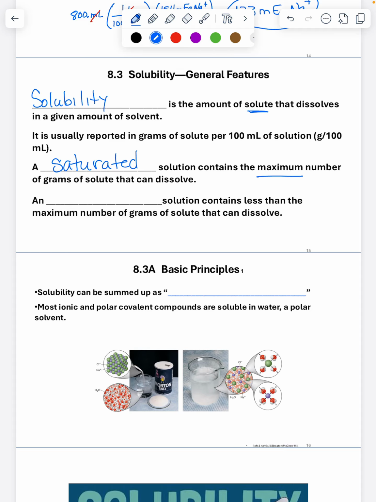If you put more water in it, it's just going to run out. So saturated means it can hold the maximum number of grams of solute, all it can hold. We could have an unsaturated solution, and that simply means that it contains less than the maximum amount, so it can hold more solute.